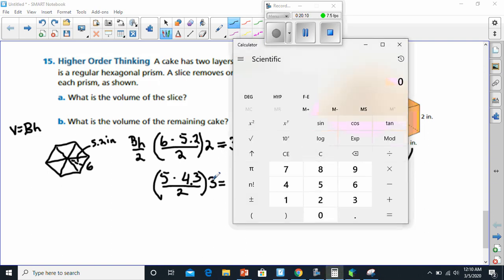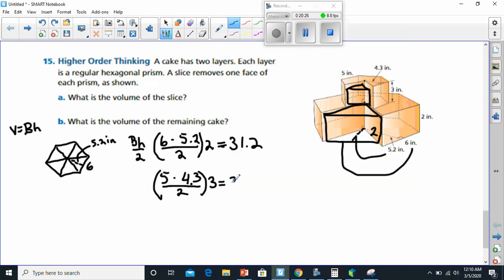So let's see. That's going to be 5 times 4.3 divided by 2 and times 3. That's going to give us 32.25. Now we're going to add these together to find out the total piece that was cut off.